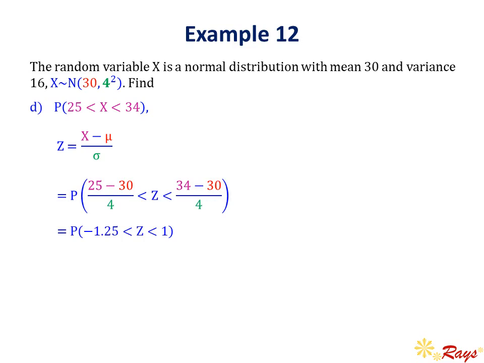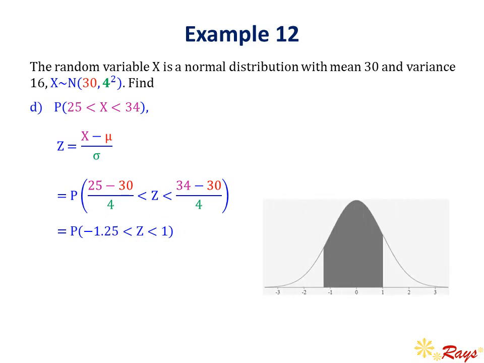Therefore, this is the question in standard normal distribution. Find the probability of z in between negative 1.25 and 1. So observe that one of the values is negative and the other value is positive. So we can see that part of the area is at the left tail and the other part is at the right tail.